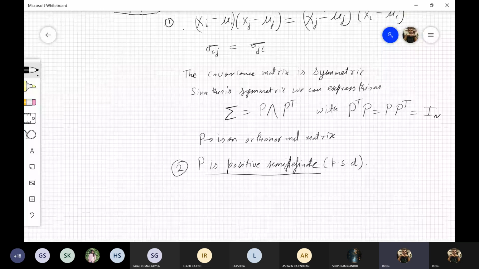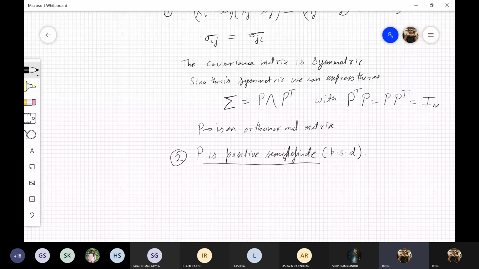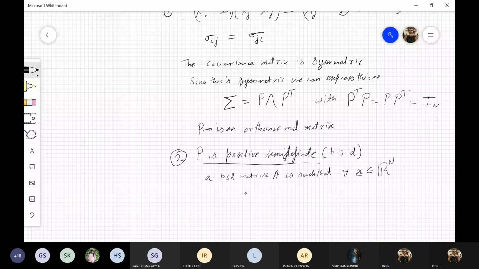A positive semi-definite matrix A is such that for all x in R^n, x transpose A x is greater than or equal to 0.